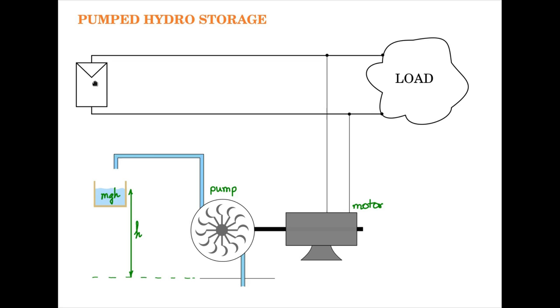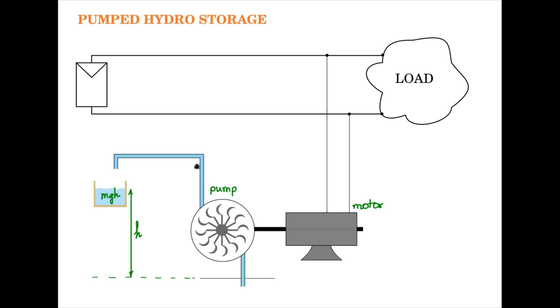So the excess energy from the PV panel is driving the motor, and then the pump, which is acting as the instrument to lift water, give it the potential energy and store it here as mgh. And this mode is called the charging mode.